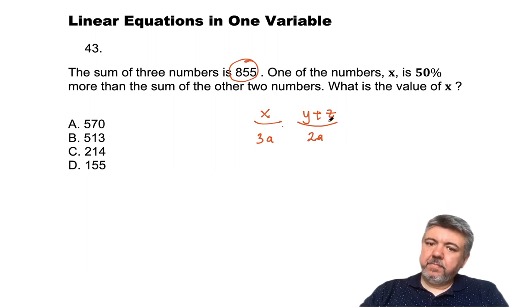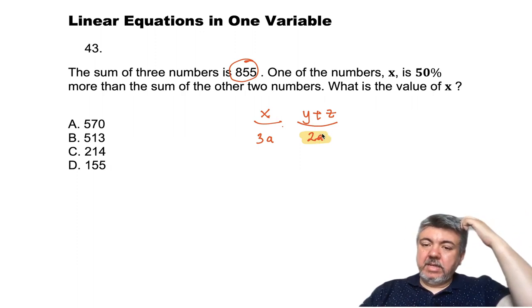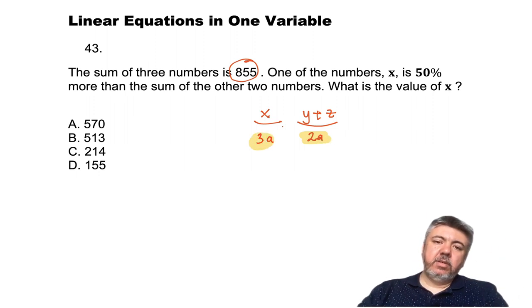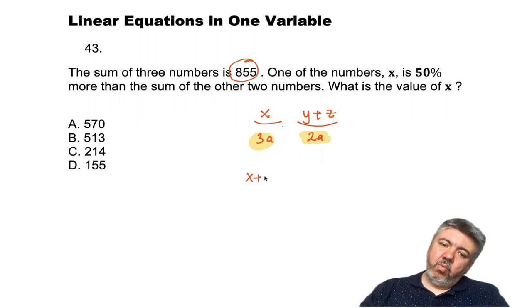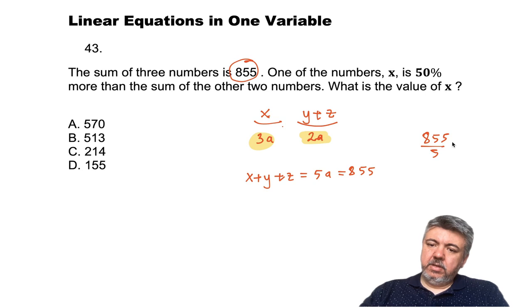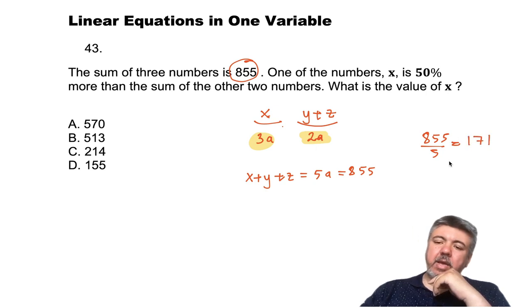That's important, my friends. The other two numbers have a sum of 2a. x is 50% more, that is half more. 2a, half of it, a, so x is 3a. So their overall sum, x plus y plus z, is 5a, which is 855. 855 divided by 5, it looks like 171, which is a.